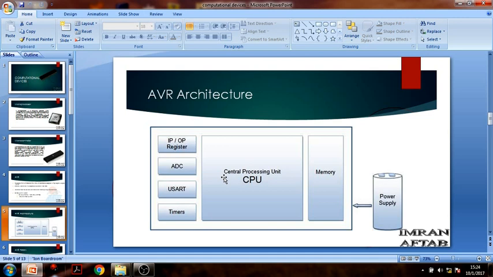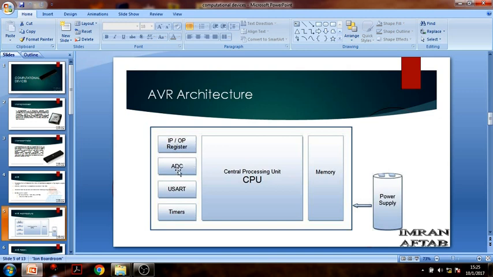Output devices are like our monitor, LEDs, motors, and input devices are like keyboard and mouse. In embedded devices, examples are switches and sensors. For controlling those input output devices, we have input output registers, or input output ports. We will discuss this in detail in the next slides.